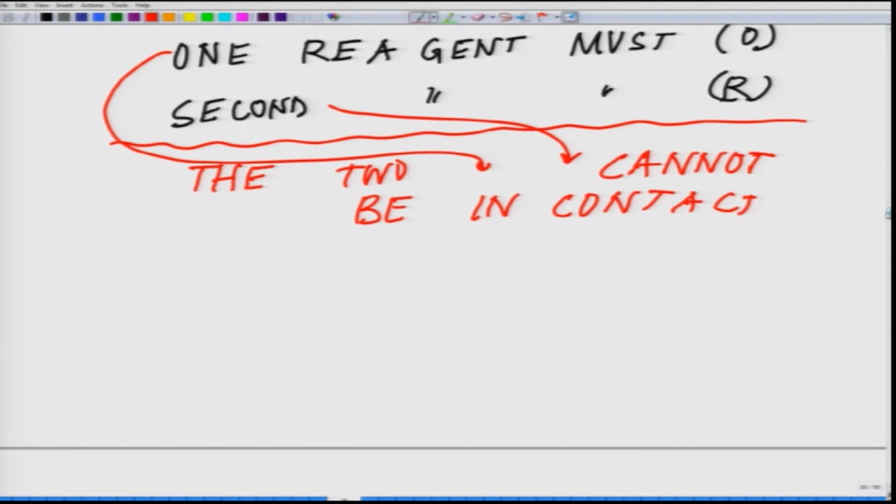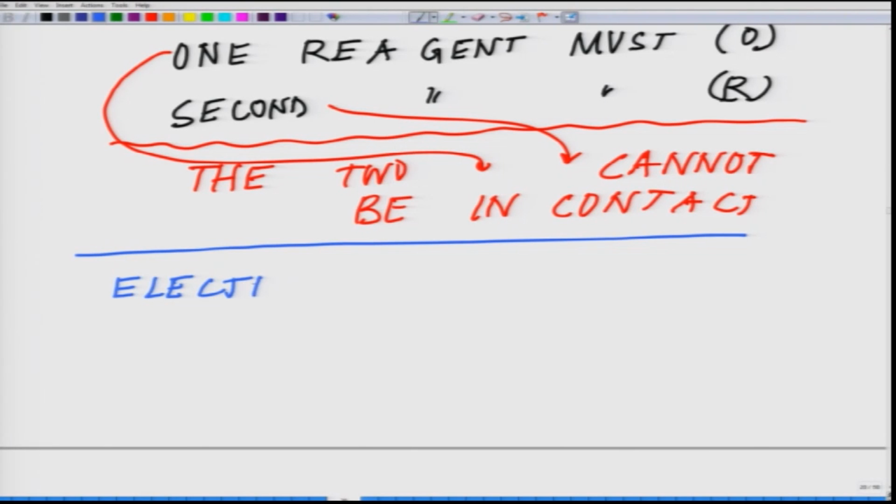They cannot be in contact, because in that case the electrons would flow directly from the reducing agent to the oxidizing agent.